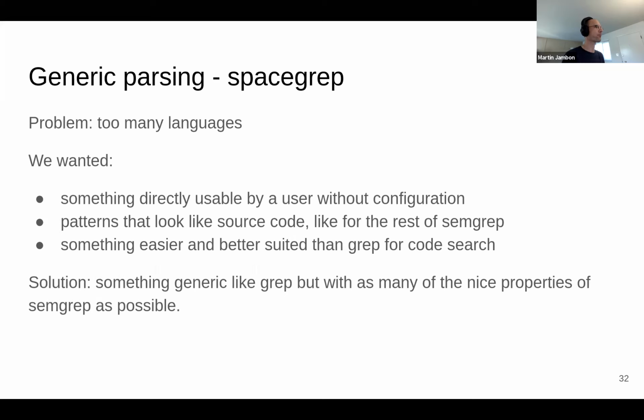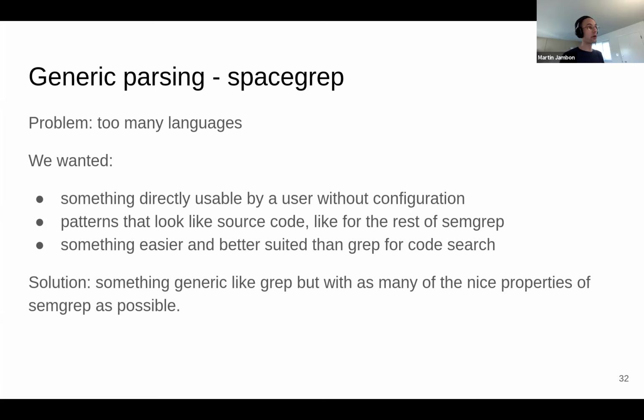And so I thought it was too bad to not be able to use something like Semgrep when you don't have a grammar and have to resort to grep, and grep being so unaware that things can be on multiple lines. It was frustrating.